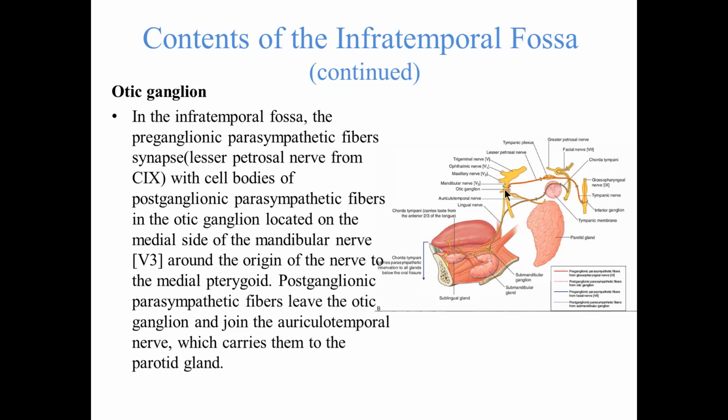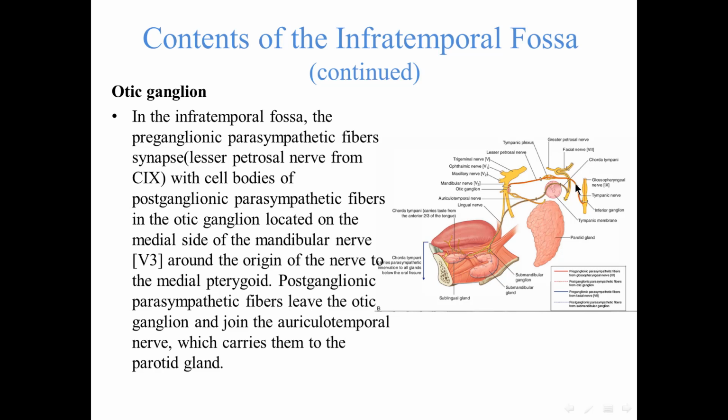The preganglionic parasympathetic fibers to the otic ganglion come from the glossopharyngeal nerve. A branch of the glossopharyngeal nerve is the tympanic nerve.